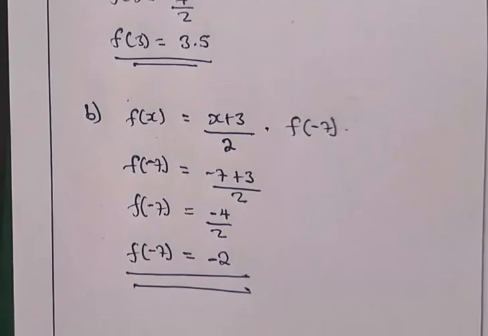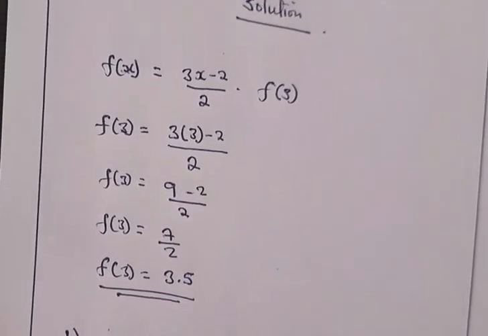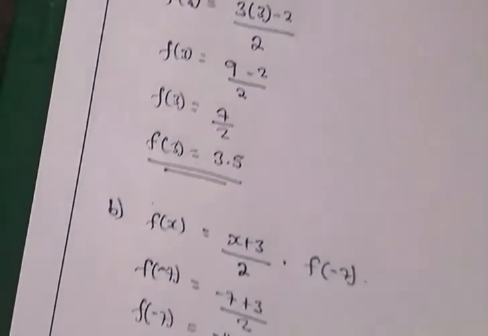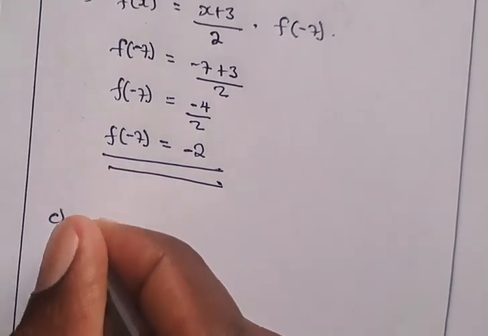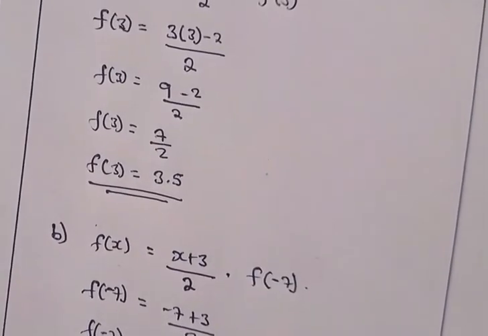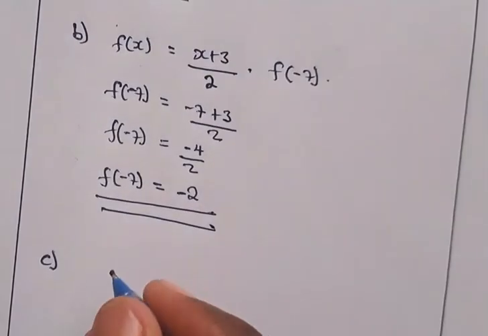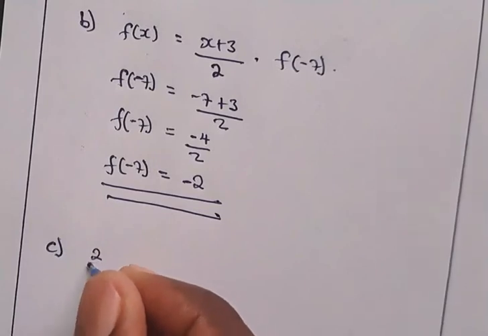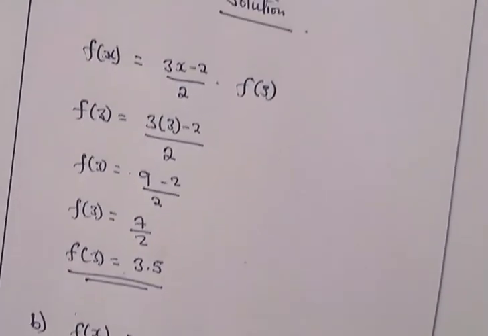This one let's just get more complicated, like for this C part. C part is saying given the function of x is 2/3 x minus, I think minus 2, right?